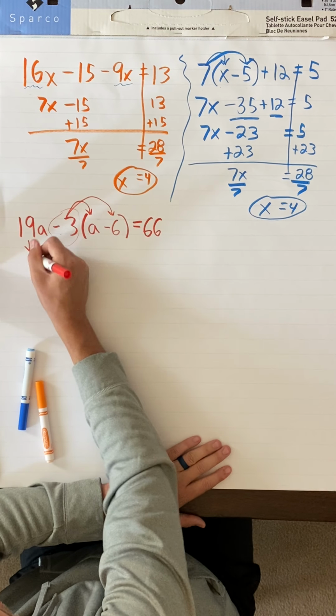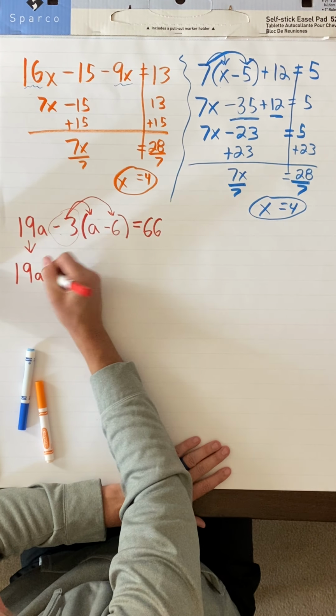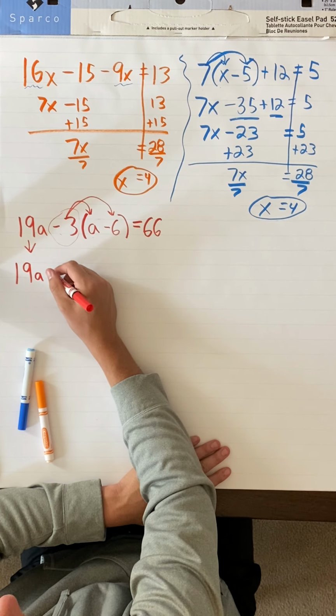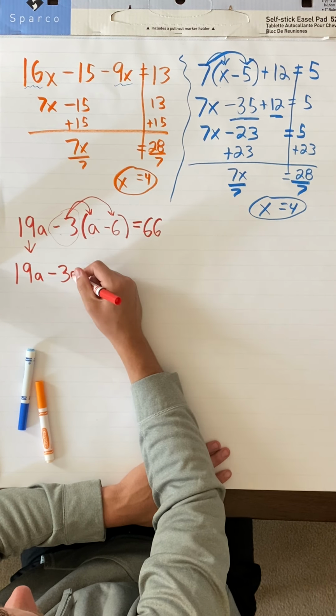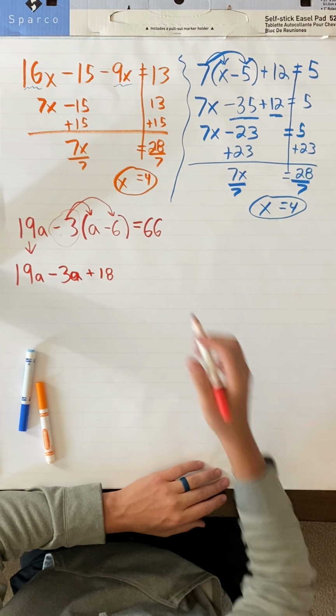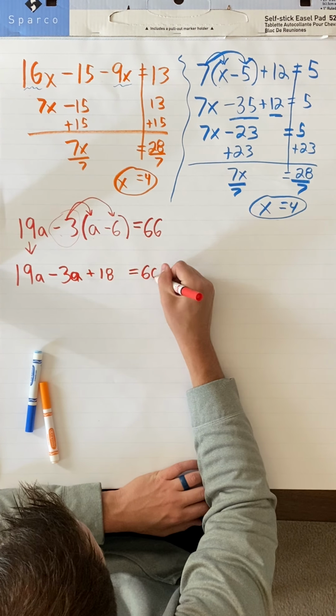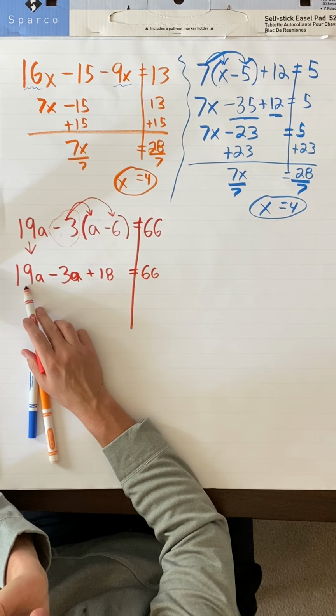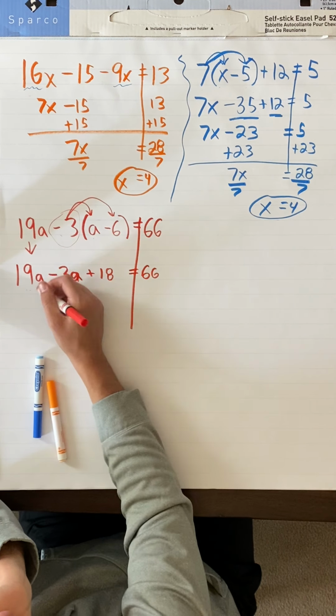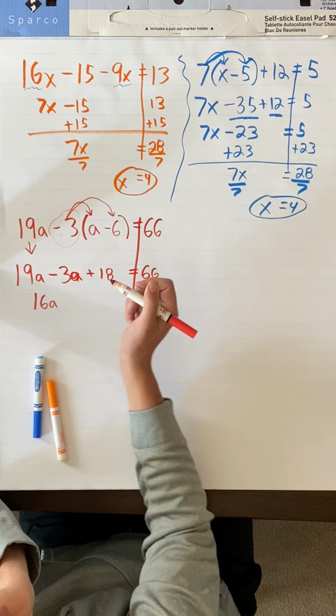So I'm going to bring down the 19a. Negative 3 times a is negative 3a. Negative 3 times negative 6 is positive 18. It equals 66. Now we have our like terms. 19a minus 3a would be 16a.